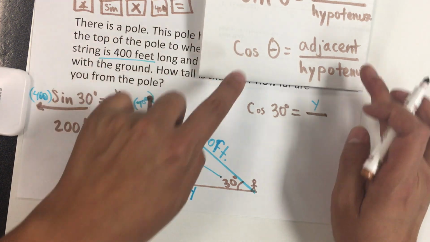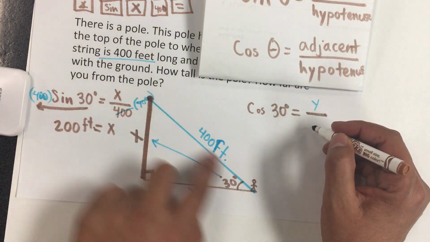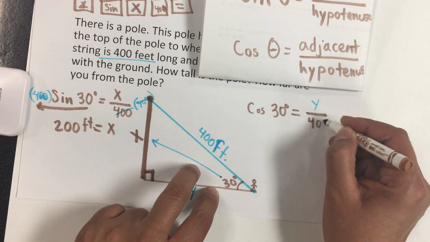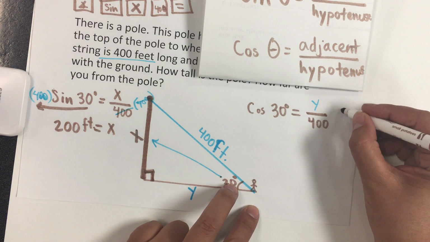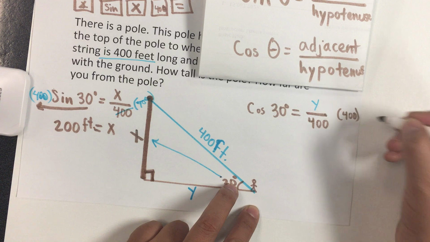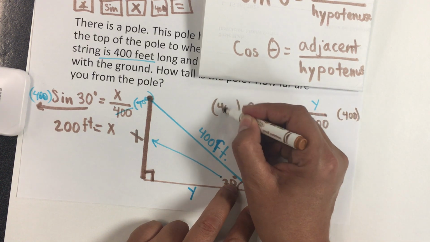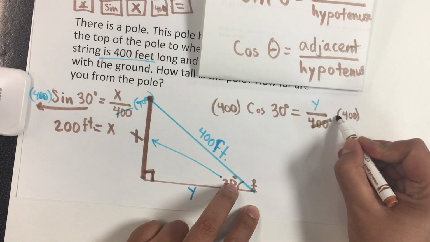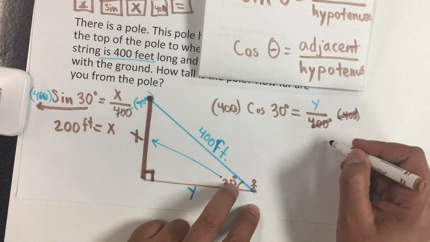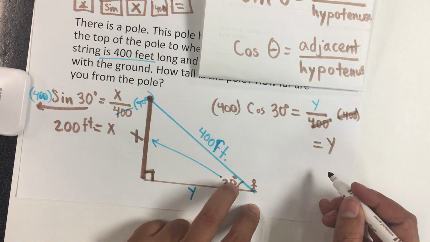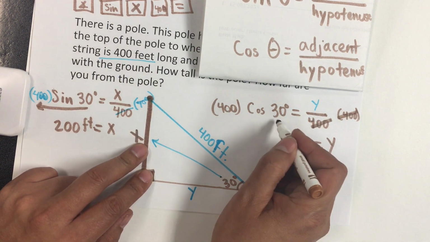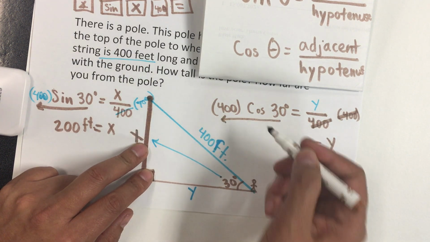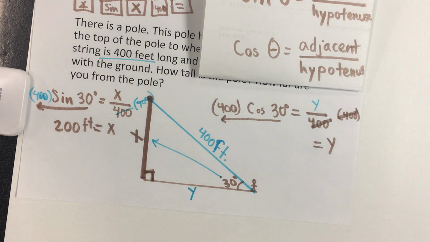Remember, sine and cosine is always over the hypotenuse, the longest side. If we're dividing, the opposite is to multiply. These cancel, and so y is equal to, again, in here we can't really figure out unless we have a calculator or the chart that they used a long time ago.